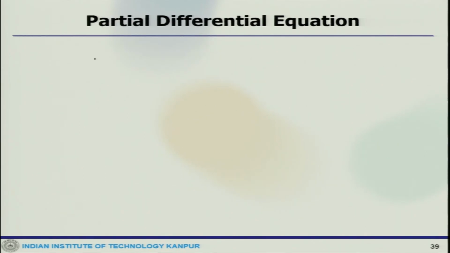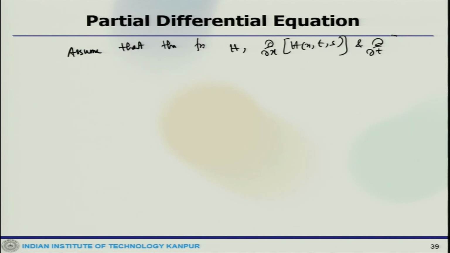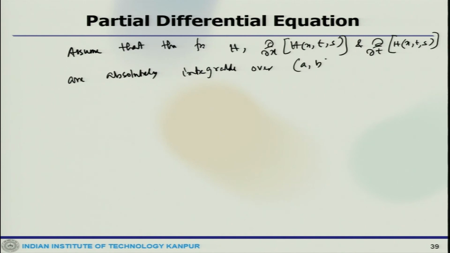So, here we assume that the functions del x of H of x, t, s and del t of H of x, t, s are absolutely integrable over a and b.